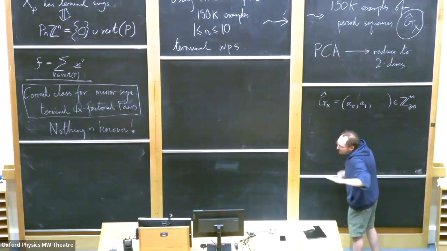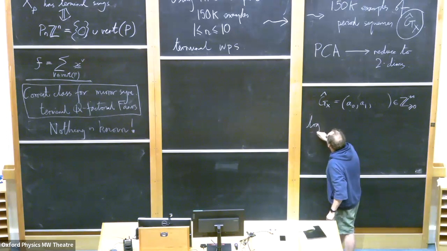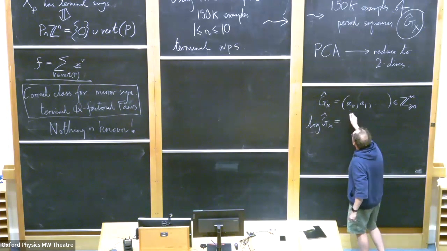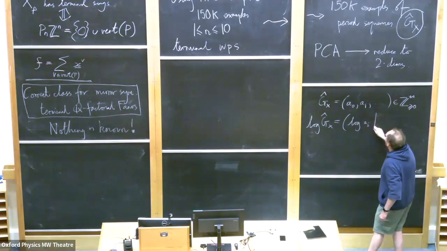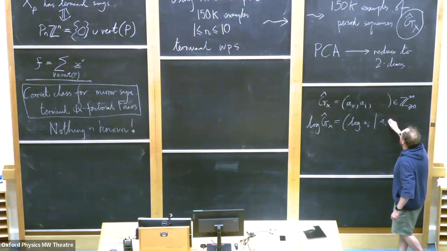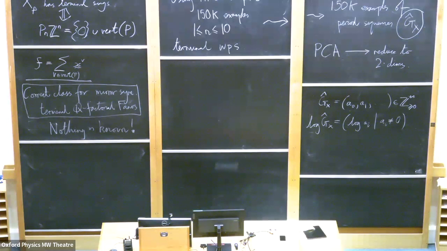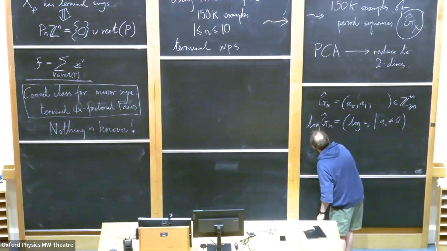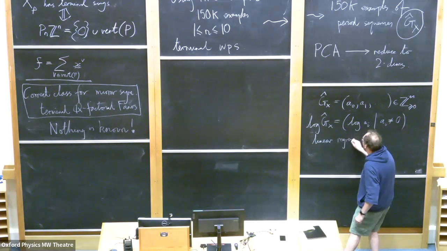Take log of this because, roughly speaking, it grows exponentially. So I'm just going to write, with a horrible abuse of notation, log of the period. This is just going to be log of A_i, whenever it makes sense to take log. Okay, and then go away and calculate linear regression on this.